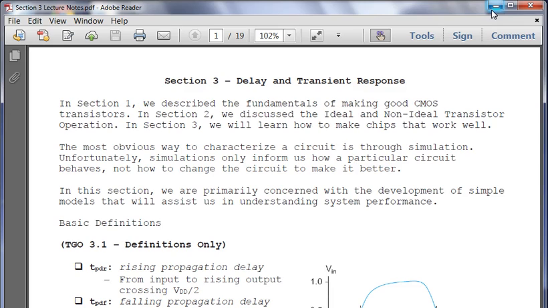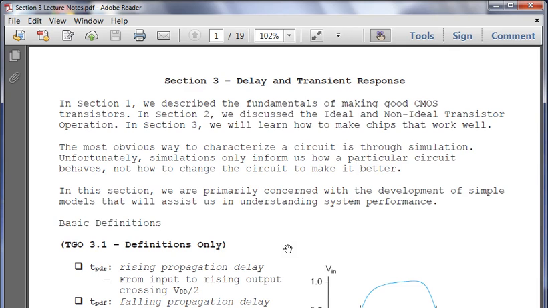So this is where you're going to start getting your hands dirty. We're going to be learning about these concepts of delay, and we're going to be learning about transient response. Particularly, we're going to be learning about something called RC delay, where we're going to be replacing transistors with a resistor value and then measuring capacitances in order to be able to pretty accurately determine the delay pretty quickly.